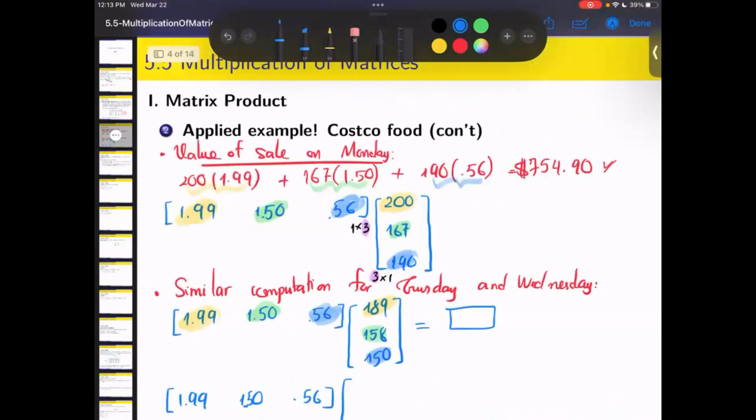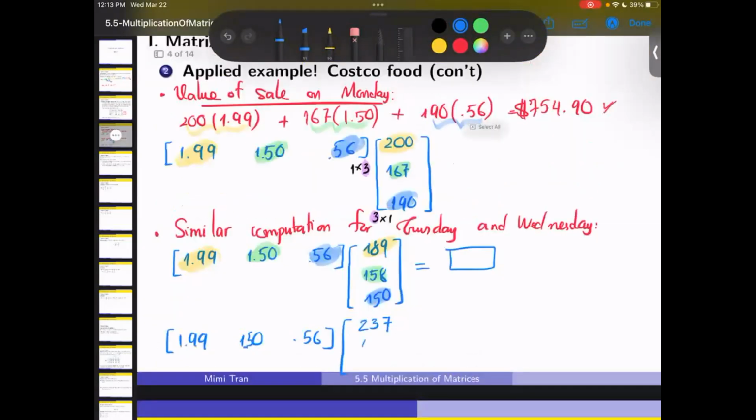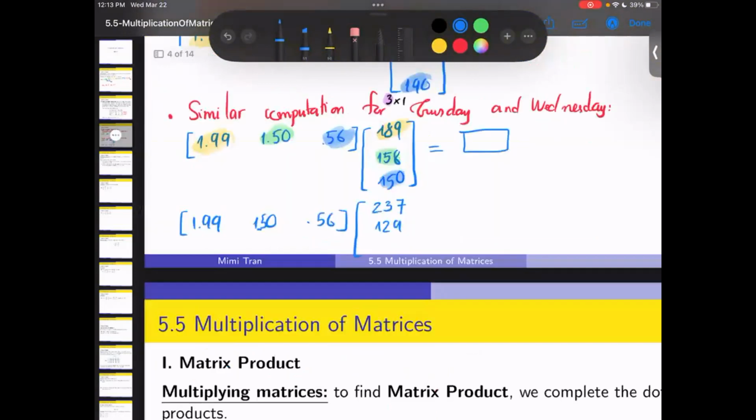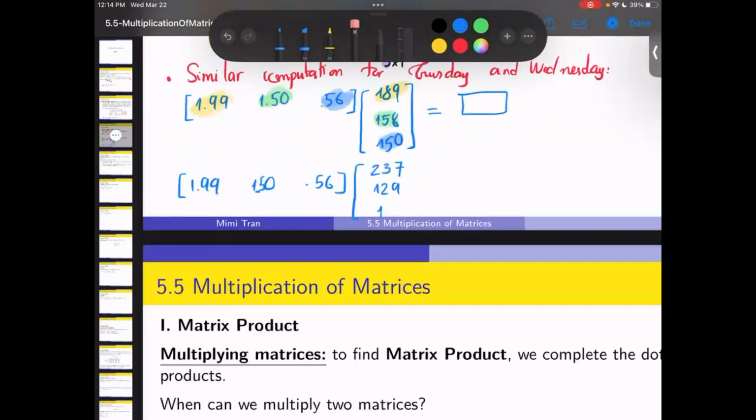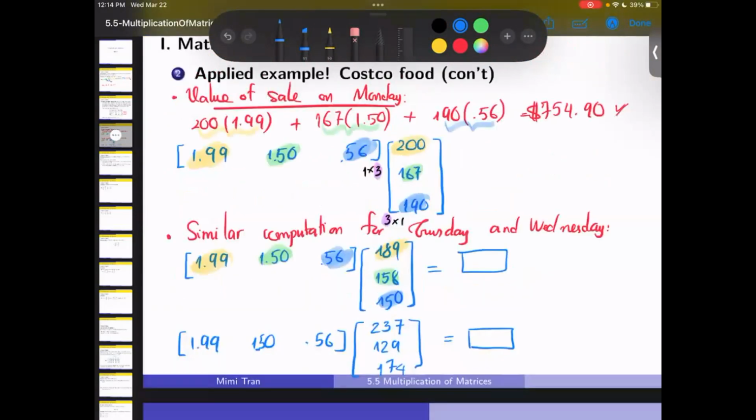You get some number, and you add them all together, and you have the total number of sales. This is the explanation of where I use the dot product. That's all.